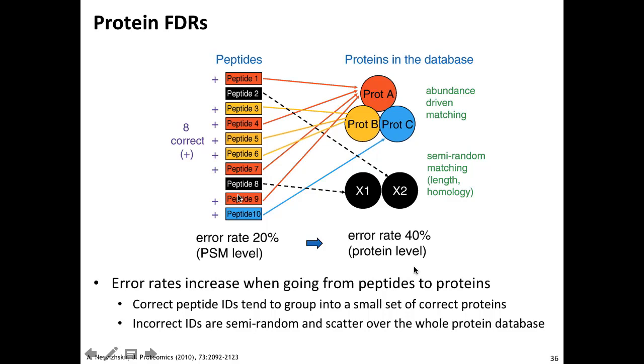And oftentimes, I know that there are papers that reported 1% FDR on the PSM level. And what do you think? How high can the protein FDR go if you have 1% PSM FDR? Well, if you accumulate enough false positives, they can get pretty high. There are some papers where the protein FDR is about 50%.